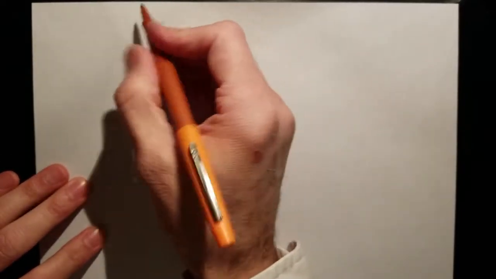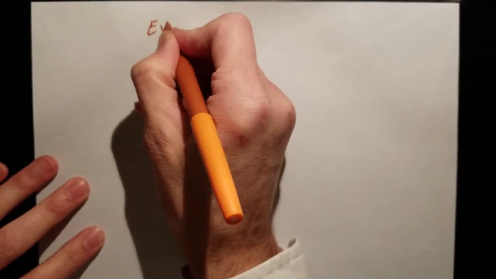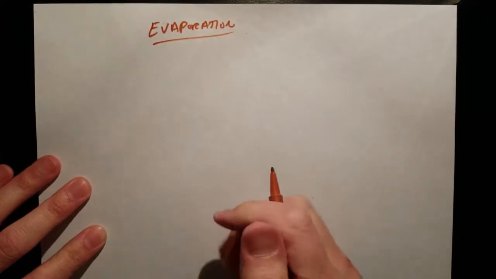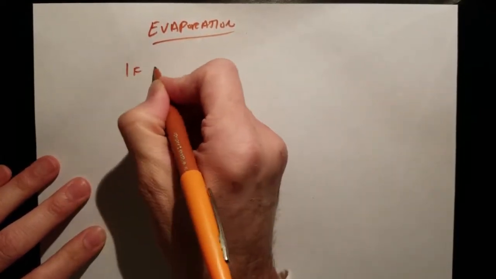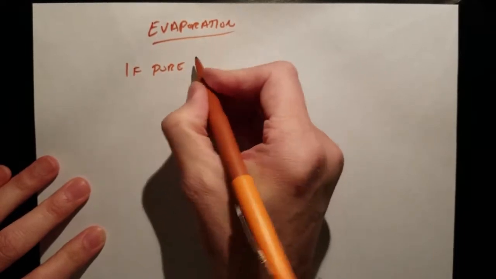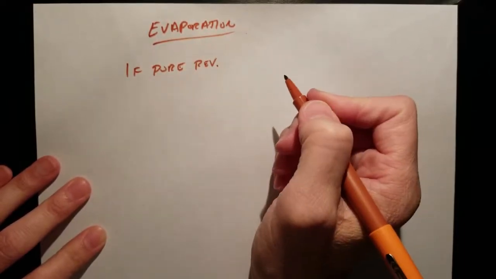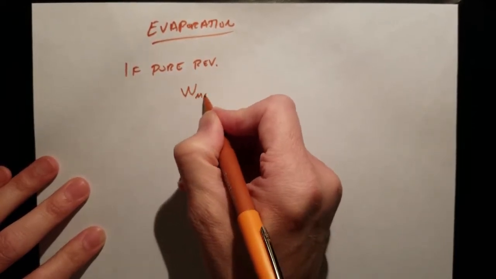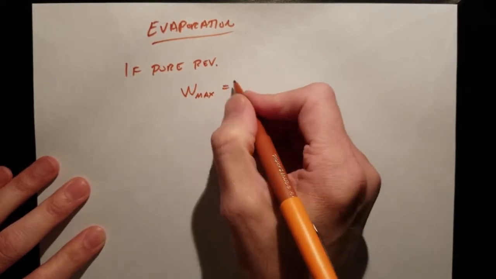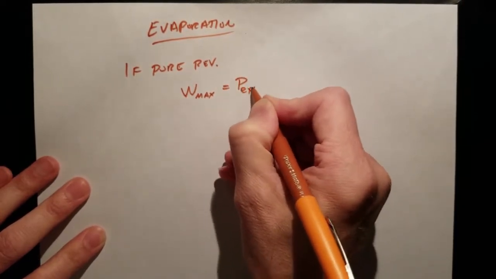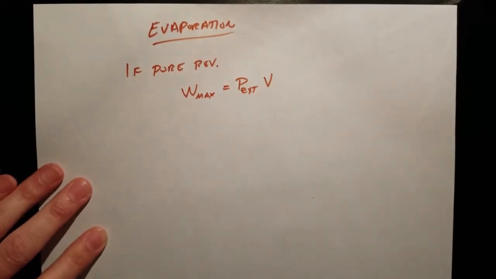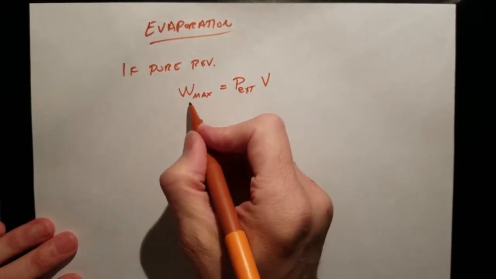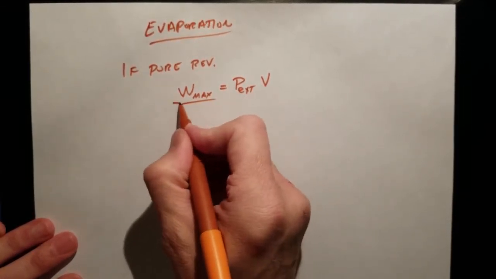So, consider evaporation. That same system. Now, if it's purely reversible, then the work, and we're going to call this max, is equal to P_EXT V. We're calling it maximum work because this is the maximum work.